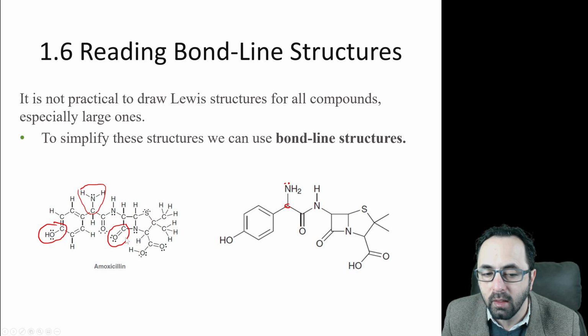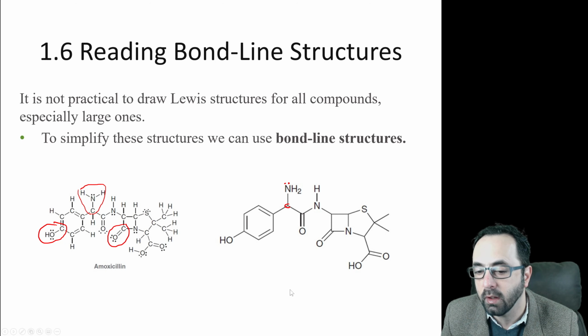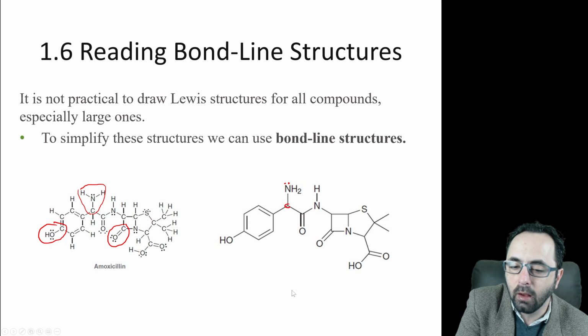So remembering that nitrogen is 3 bonds and 1 lone pair, carbon is 4 bonds, sulfur and oxygen are both 2 bonds and 2 lone pairs. That's really, really useful, and you'll remember that pretty quickly, just because you're going to be using it so very often. And so this allows you to quickly fill in lone pairs in your mind.